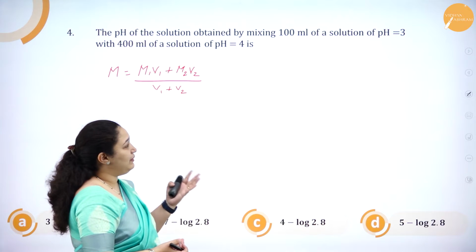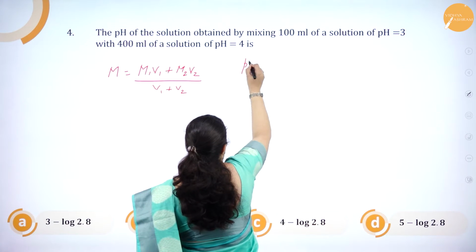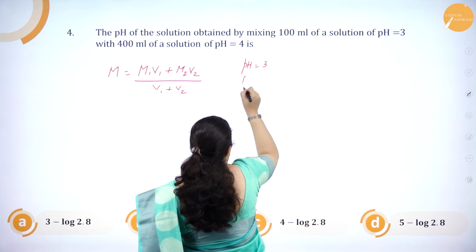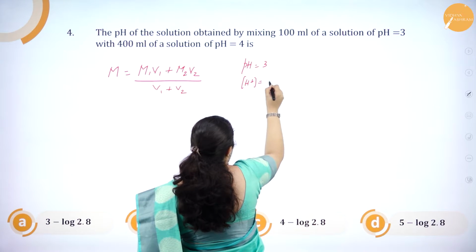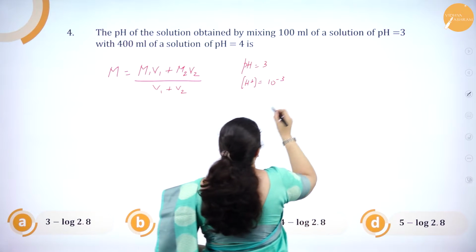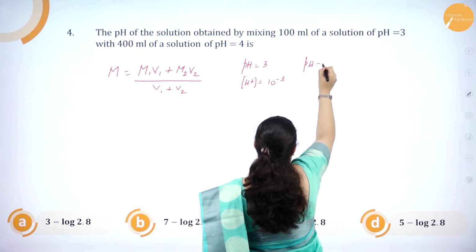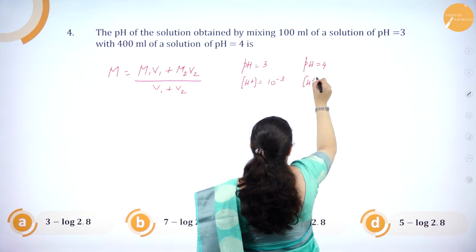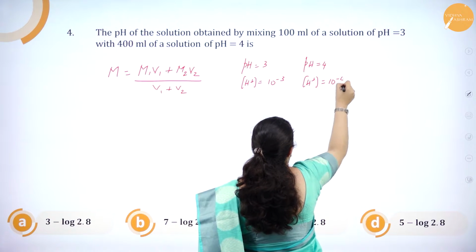It is very simple. pH is 3 means molar concentration of H plus ion is 10 to the power minus 3. So molarity is 10 to the power minus 3 I can take. Where pH is 4, H plus ion concentration is 10 to the power minus 4.